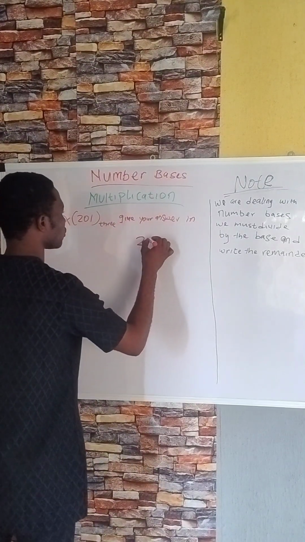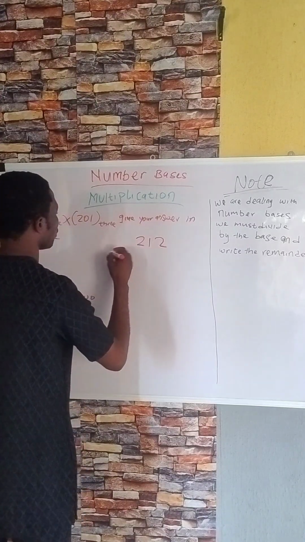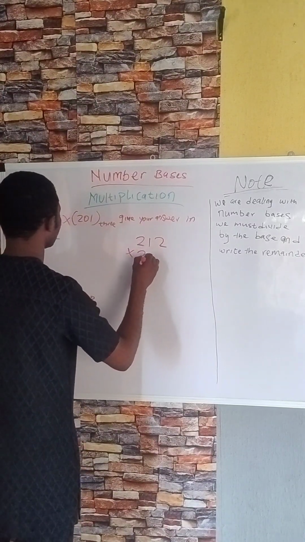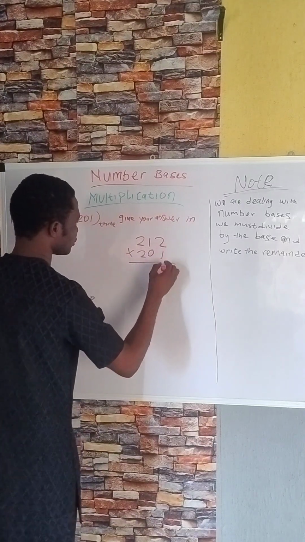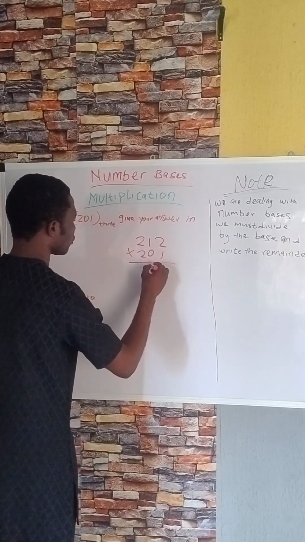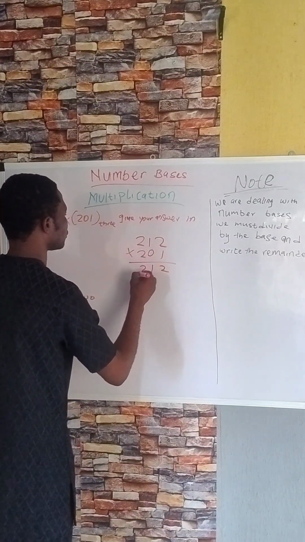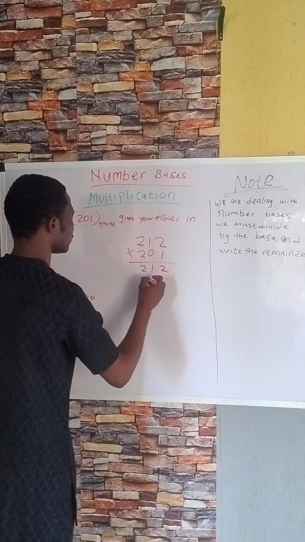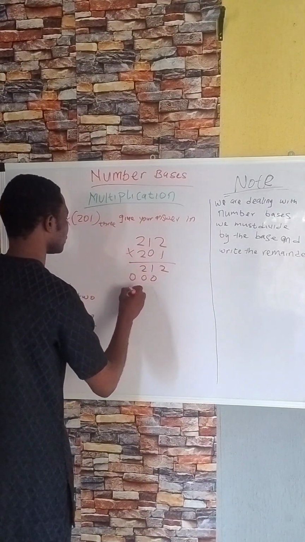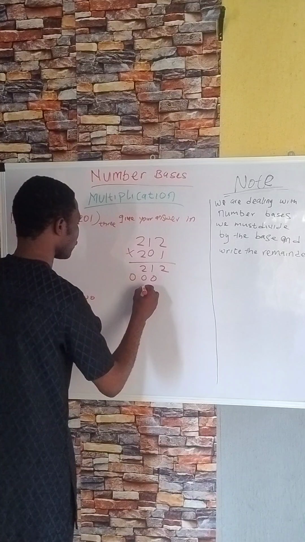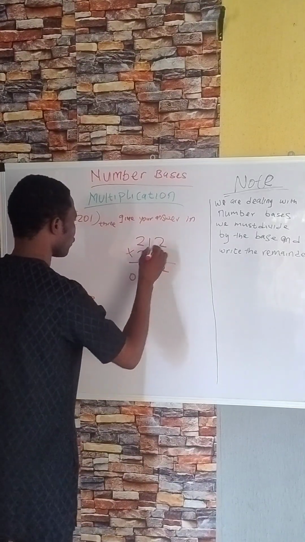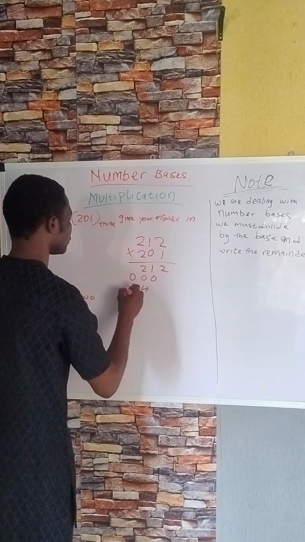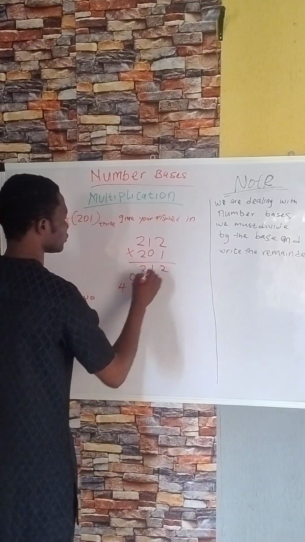2, 1, 2 multiplied by 201. So this is 2, 1, 2. This is 0, 0, 0. And this will be 4, 2, 4.